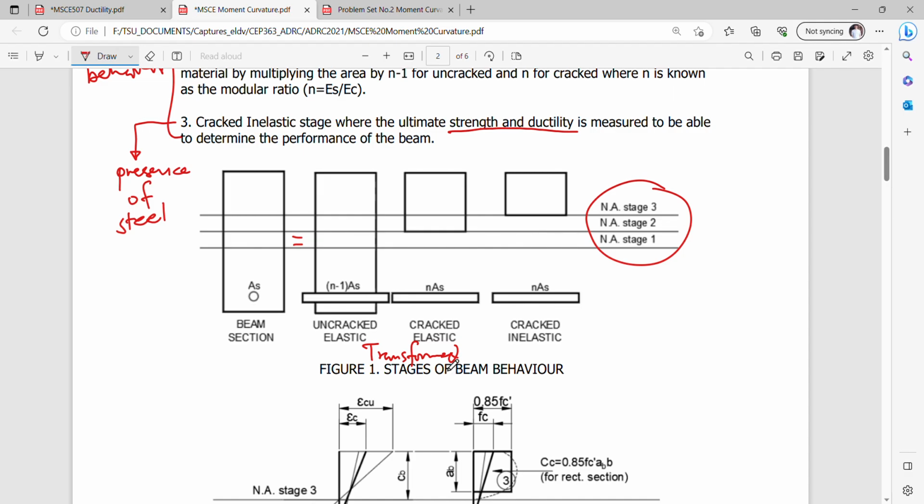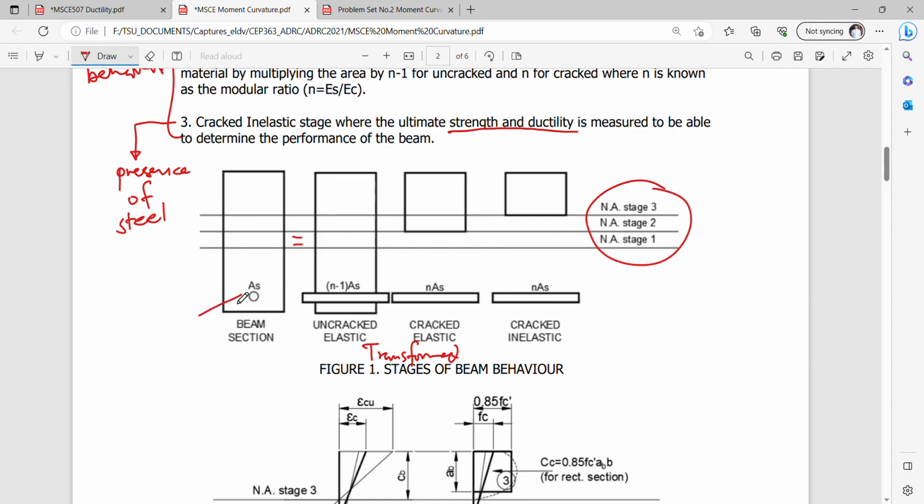These are not actual sections, but these are made in such a way that we can realize that the neutral axis, by the rule of balance geometry, or balance plastic strength, would mean that at the uncracked stage, your neutral axis favors more the location of the steel, the tension steel.